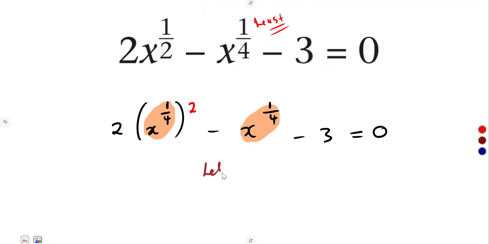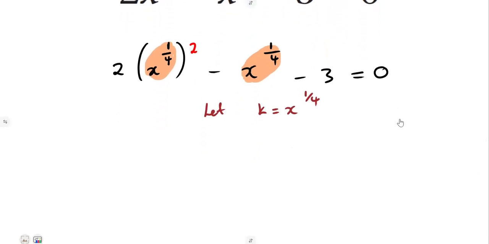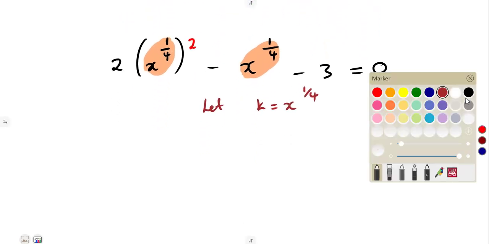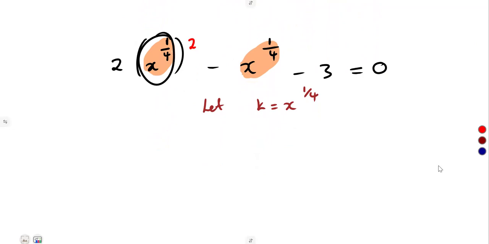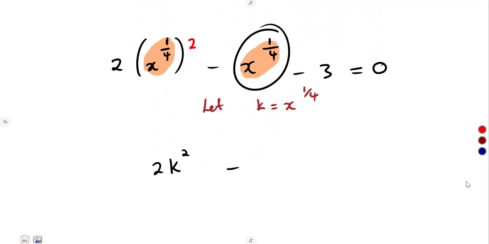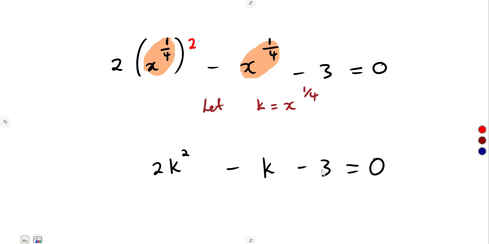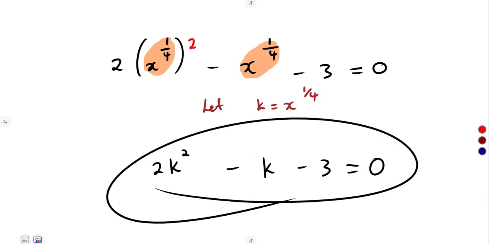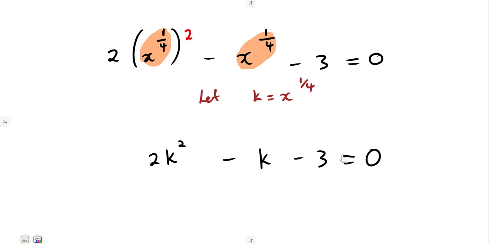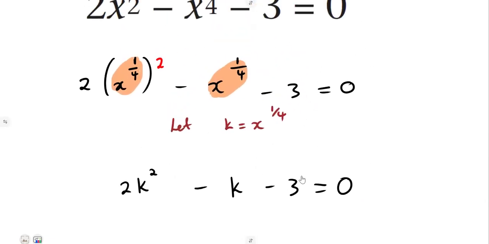So let us have k as x to the exponent of 1 over 4. Meaning we have 2k squared, minus k, minus 3, equal to 0. So you are back to solve for k, and that's our factorization.